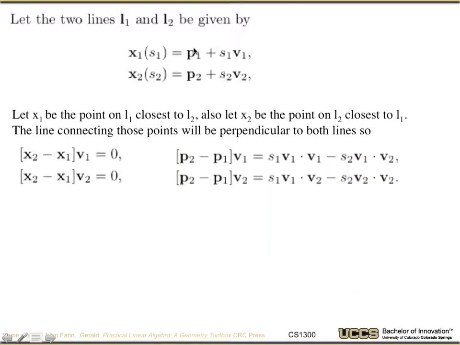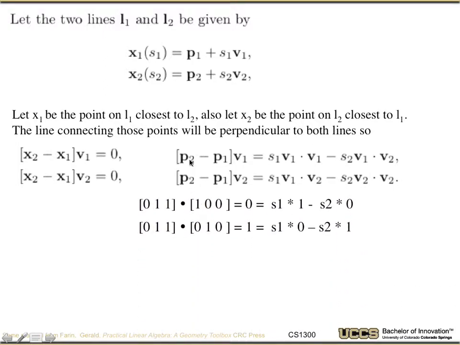Now, if I fill in the algebraic form of x1 and x2, I get p2 minus p1 dotted with v1 is equal to s1 times v1 dot v1 minus s2 times v1 dot v2. And similarly for the second equation. Now I can go back to my actual problem and fill in the values for p1, p2, v1, and v2.